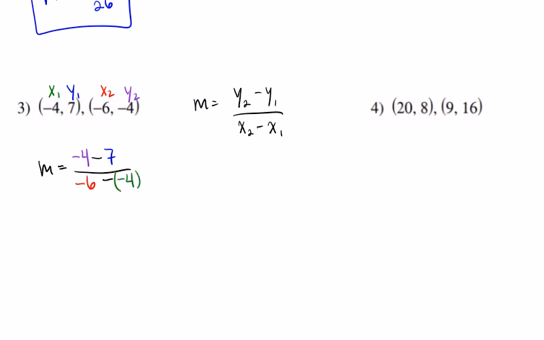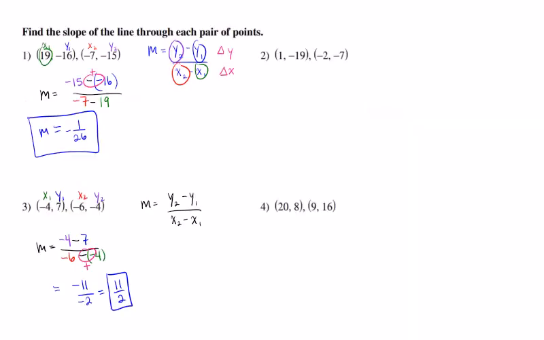So remember, a negative turns into a positive, and so what we end up with is -4 minus 7, -11, and then on the bottom, -6 plus 4 is -2. And so we have a negative over a negative, so that can be simplified, right? So we always want to simplify if possible, and so that turns into 11 over 2. So that's our slope. All right, so go ahead and try out number 2, okay?